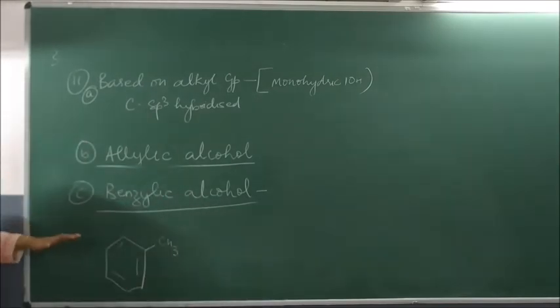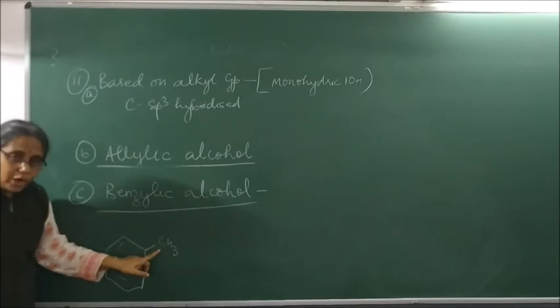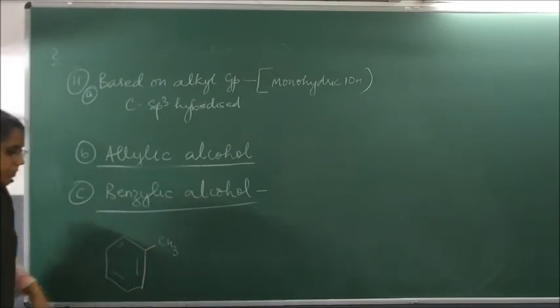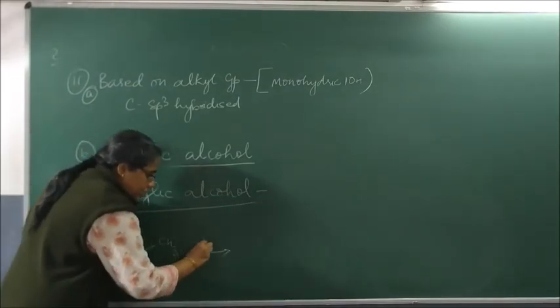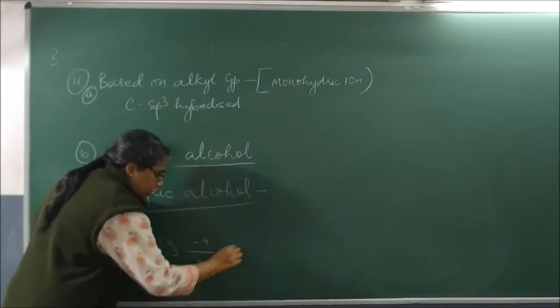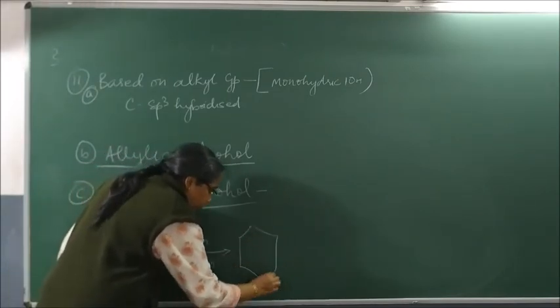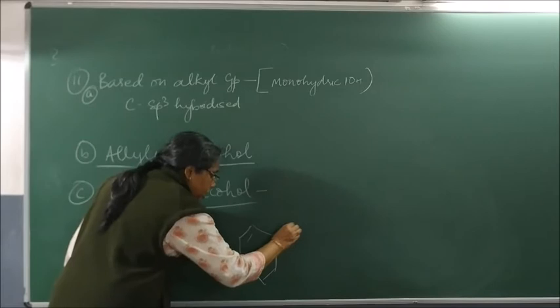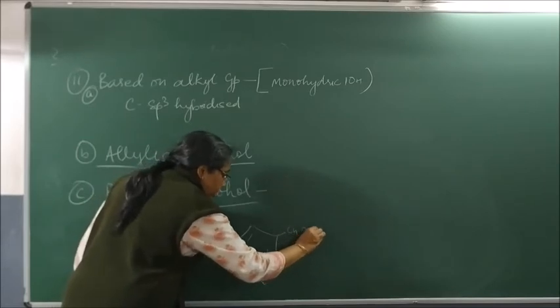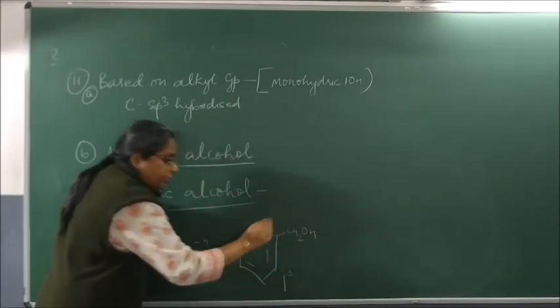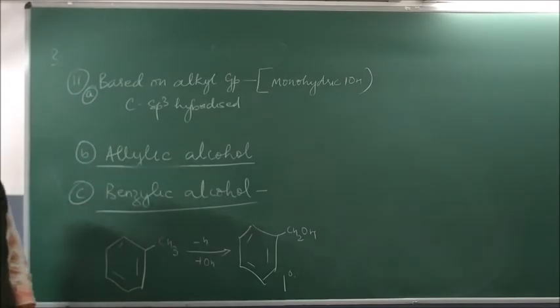This becomes toluene. This carbon is sp3 hybridized. Remove one H and add one OH. So I get the compound C6H5CH2OH. This is a primary benzylic alcohol.